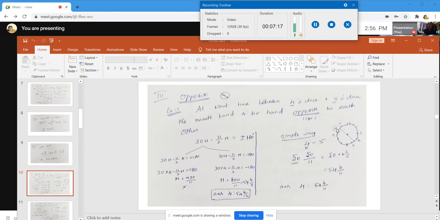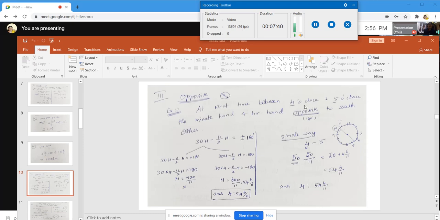10 into 5, 10 is the minimum one, in opposite direction. 10 into 5 is 50. So you could write the same fraction, 50 by 11. When you convert that into a mixed fraction, 50 by 11 becomes 4 and 6 by 11. So the final answer is 54 6 by 11. Now we can write the answer.